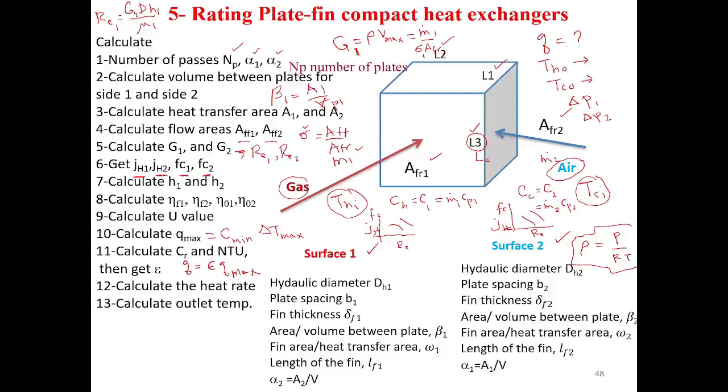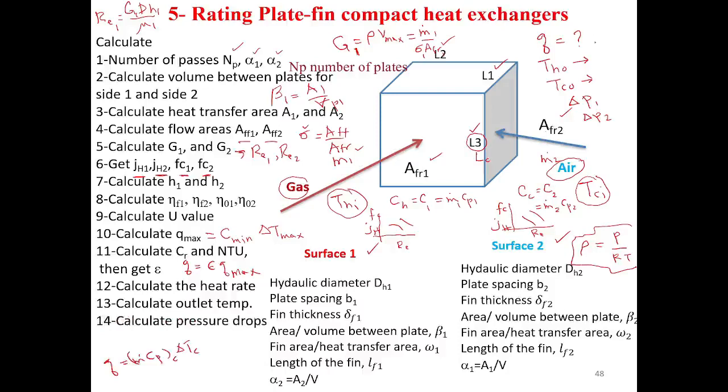Calculate the outlet temperature. Once Q is known, because Q is equal to M dot Cp, either cold or hot, multiplied by delta T, you can get the T cold out, and the same thing you can get the hot temperature outlet, which is required in this equation.